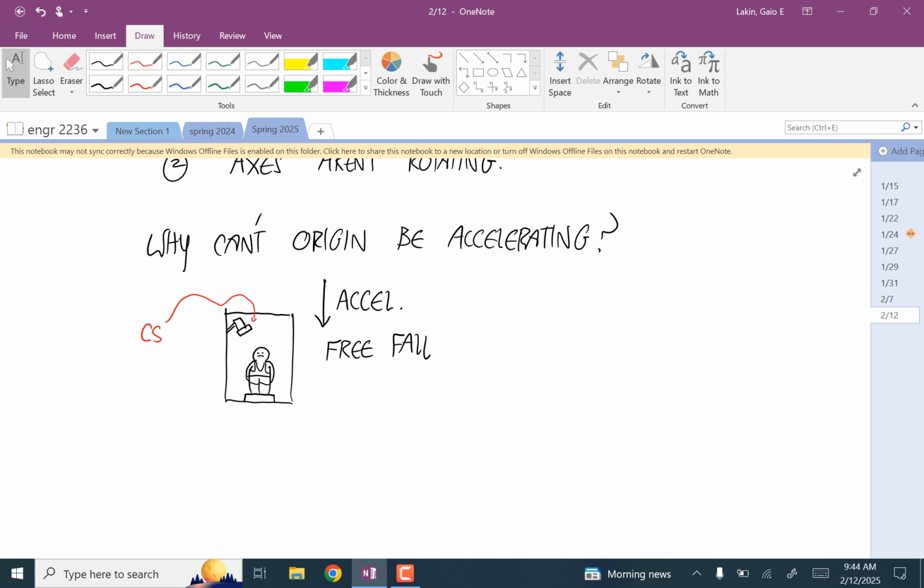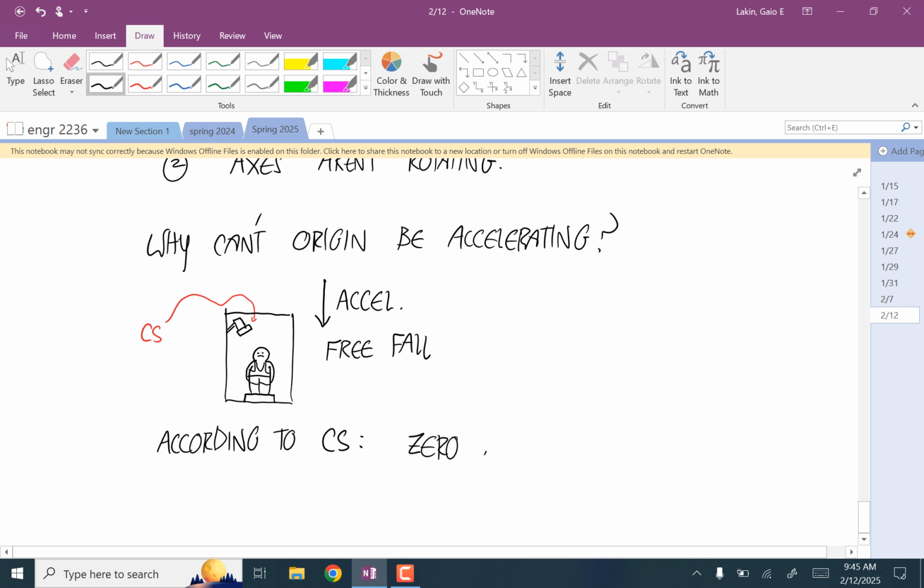Okay, so what does the camera see? According to the coordinate system, what's the person's acceleration? Well, zero, right. I mean, the camera just sees this guy standing there getting increasingly terrified. You know what I mean? So, according to this, there's no velocity and no acceleration.